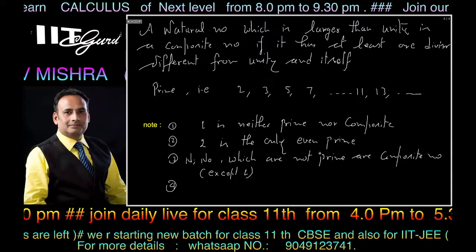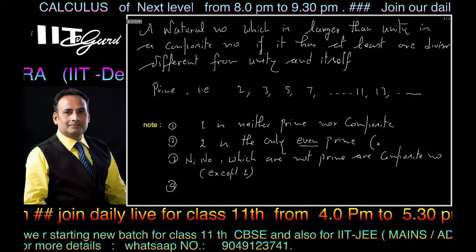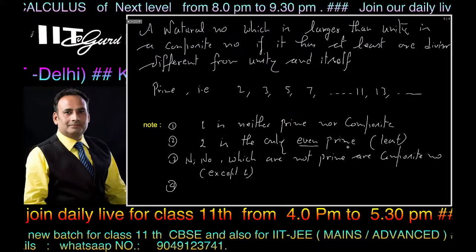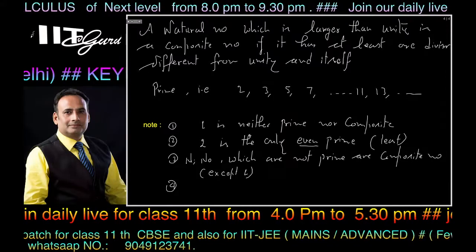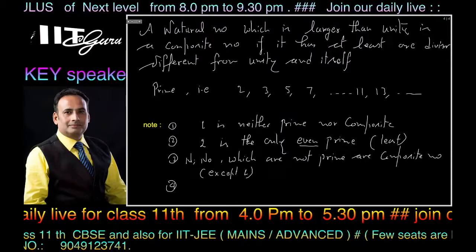Like 2 is the smallest prime number, and it is also the even prime number, the least prime number. Similarly, what will be the least composite number?